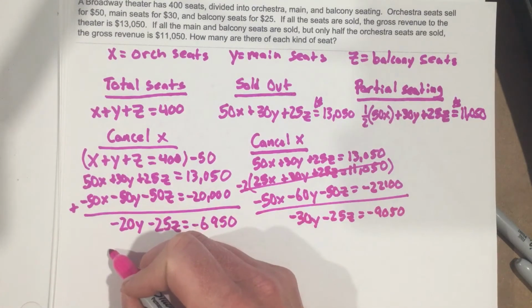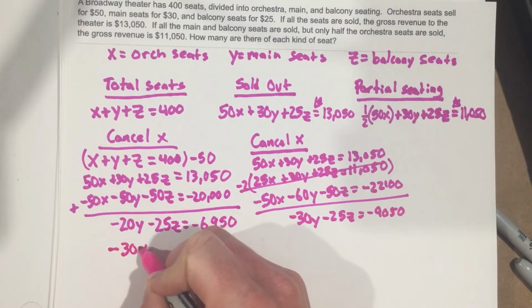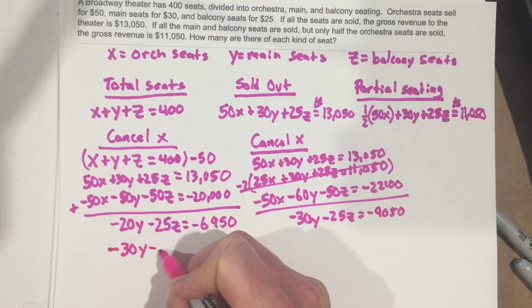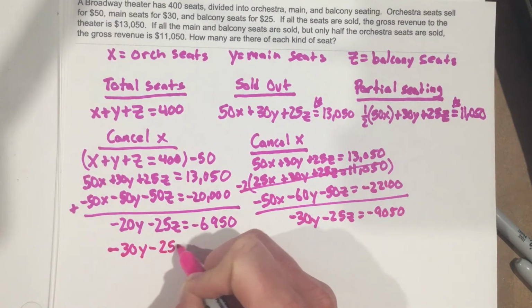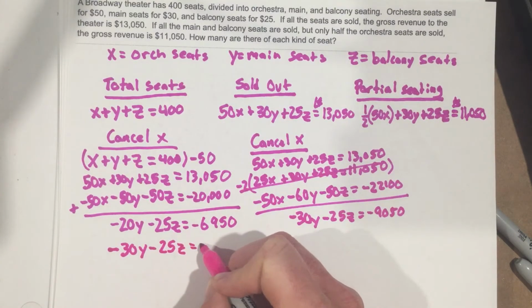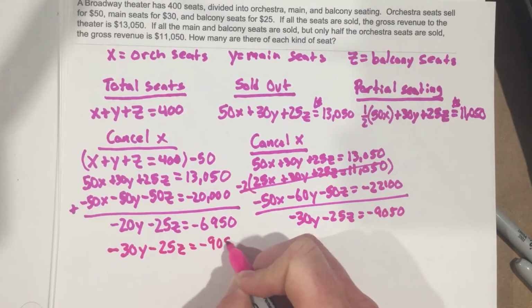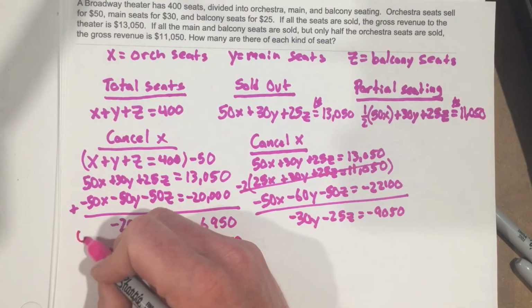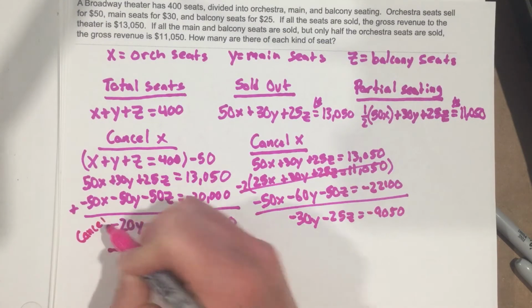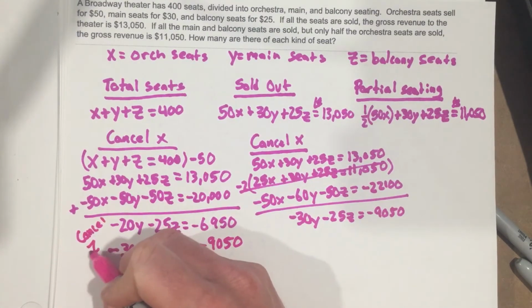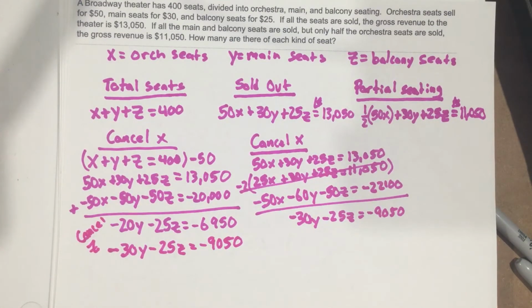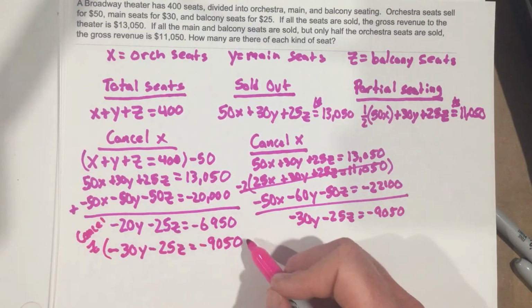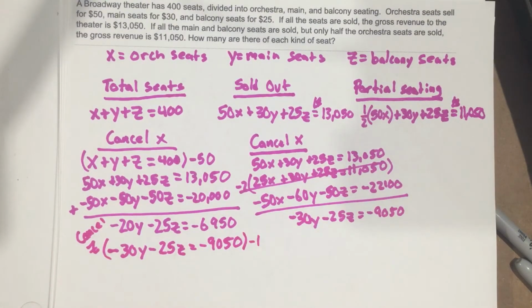So I'm going to take negative 30Y minus 25Z equals negative 9,050. Out here I'm just going to say cancel Z. To cancel Z, we're going to multiply this bottom equation by negative 1.